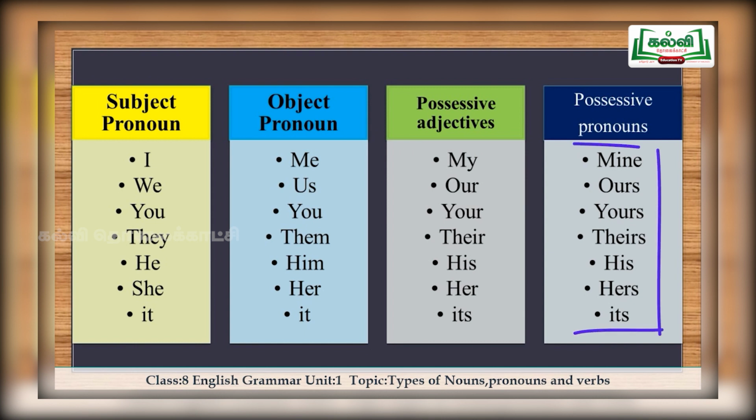I becomes mine. We become ours. Can you say what you becomes? Yes, you are right, yours. They become theirs. He becomes his and she becomes hers and it becomes its. So this is how it changes in each of the pronouns.